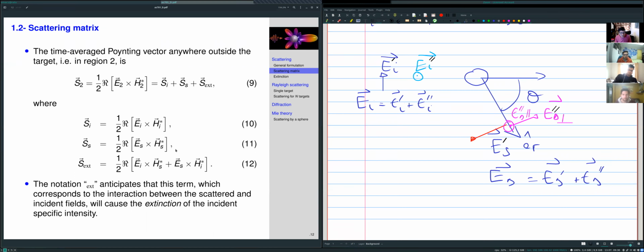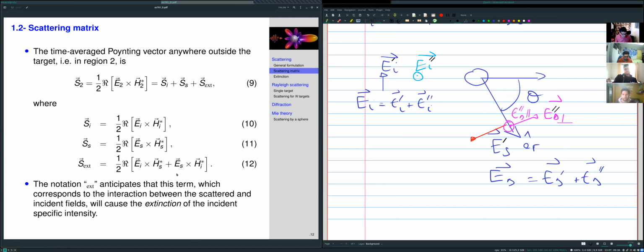These cross terms are labeled X here, because we'll see that the ones that couple the incident and the scattered fields are responsible for the extinction of the radiation. This is not at all obvious, not at all easy to anticipate, but it turns out this is the case. We'll see why shortly.